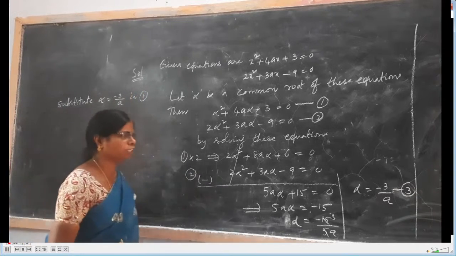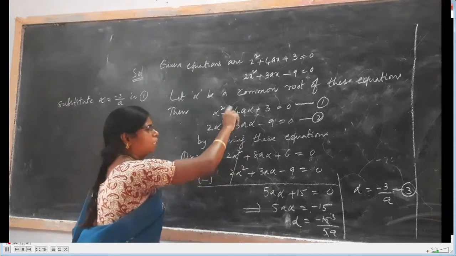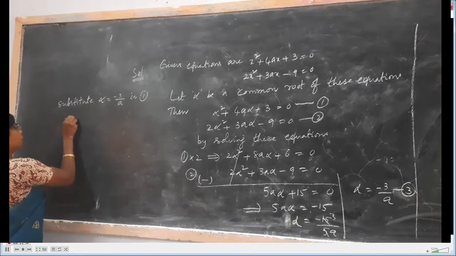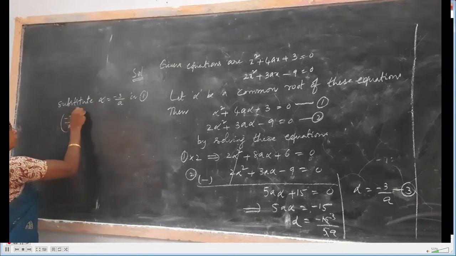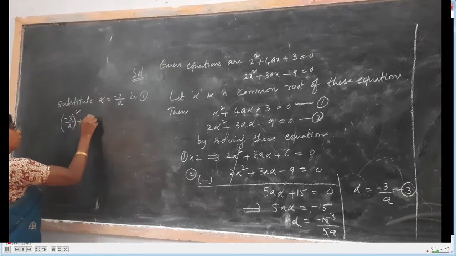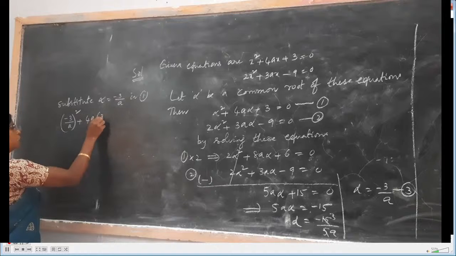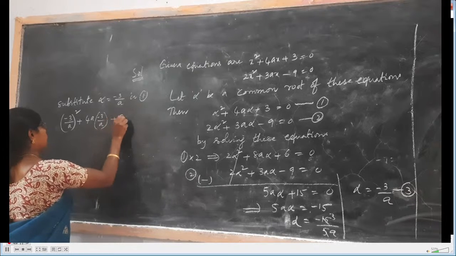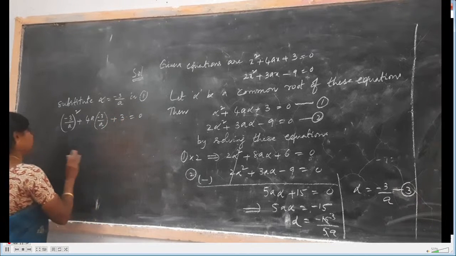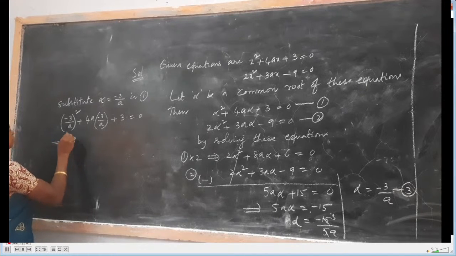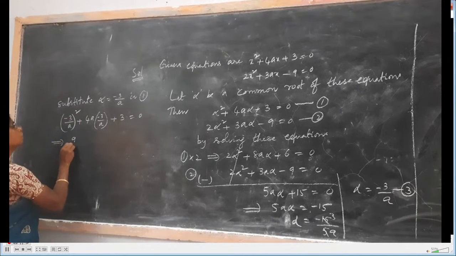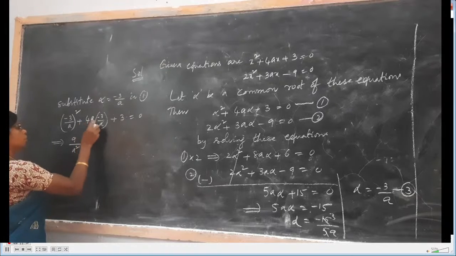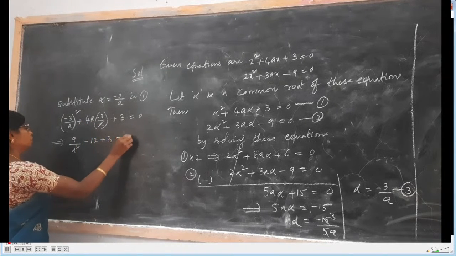Now we have got the alpha value. So to get the value of a, we take alpha and substitute it here in 1. Alpha is equal to minus 3 by a. So that is minus 3 by a whole square plus 4a, alpha is minus 3 by a, plus 3 is equal to 0. This implies 9 over a square, so minus 12 plus 3 is equal to 0.